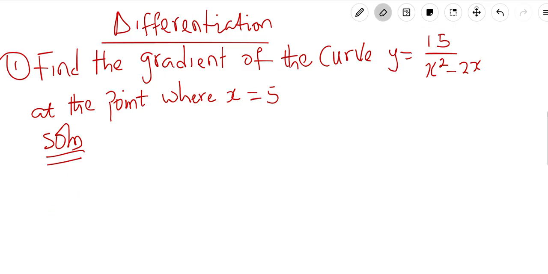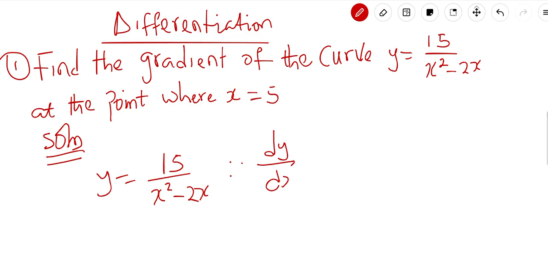Recall that our y is giving us 15 over x squared minus 2x. Therefore, if we are to find dy over dx, that is, differentiating y with respect to x, we're going to find that differentiating y, 15 over x squared minus 2x.